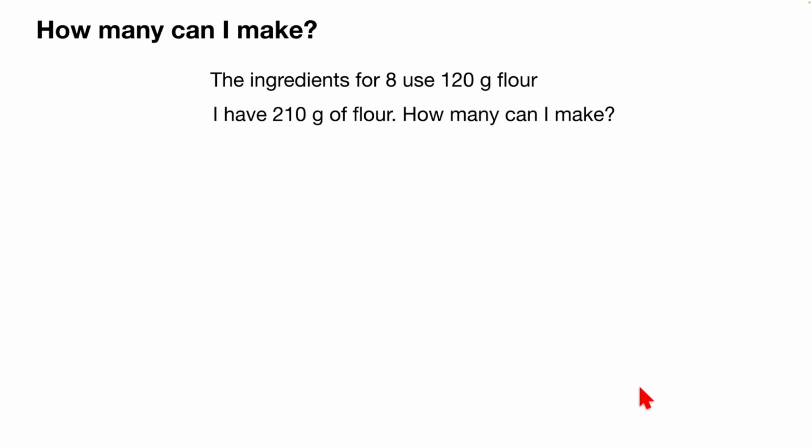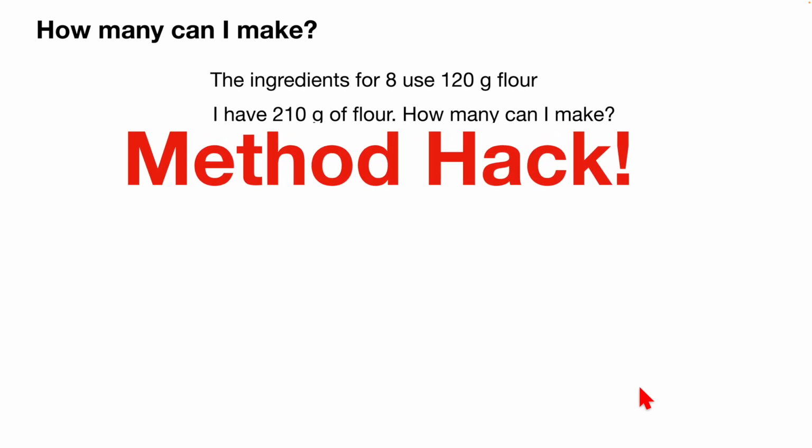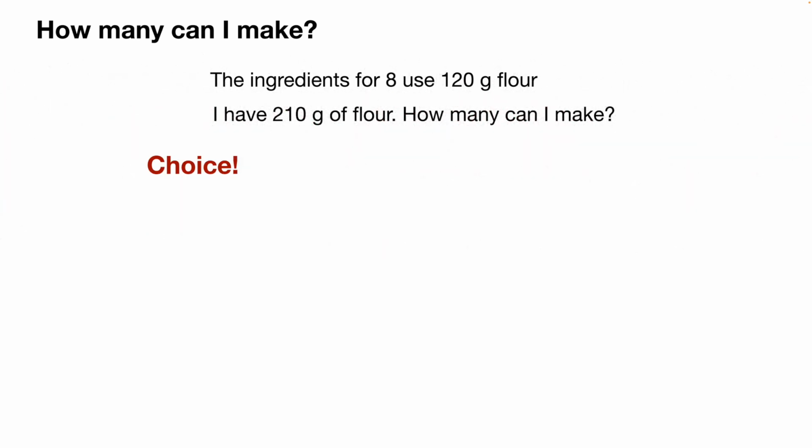Thank goodness for that. The second type of question, how many can I make? The ingredients for 8 use 120 grams of flour. I have 110 grams of flour. How many can I make? Here it comes. You won't be surprised to find there's yet again another choice. Choice number 1, you scale it from a single portion.